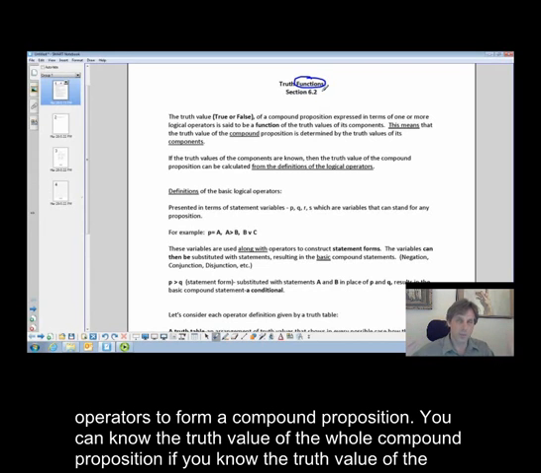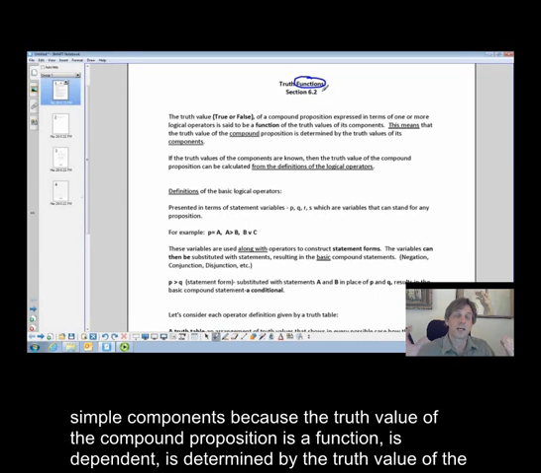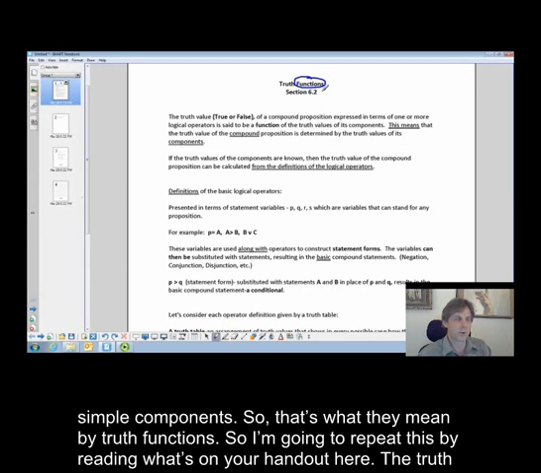To form a compound proposition, you can know the truth value of the whole compound proposition if you know the truth value of the simple components, because the truth value of the compound proposition is a function, is dependent, is determined by the truth value of the simple components. So that's what they mean by truth functions, okay?